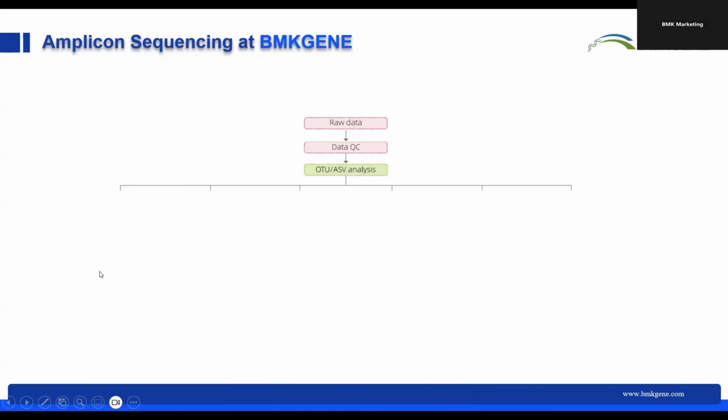We also provide bioinformatic analysis. This is really dependent on what each researcher prefers. Some researchers prefer their own in-house bioinformatics, really depends. So with amplicon sequencing, we can do mainly two kinds of analysis. We can do OTU, which basically we are clustering sequences that are highly similar. But there's also another kind of analysis, which is amplicon sequence variant, or ASV, that has become more common nowadays.